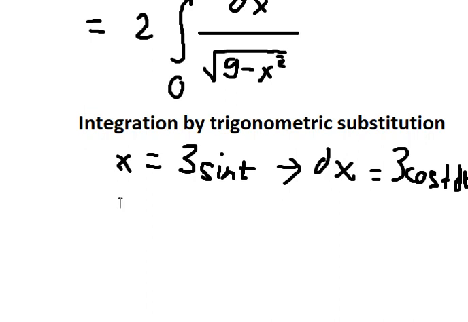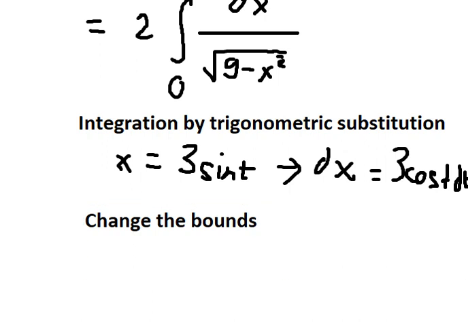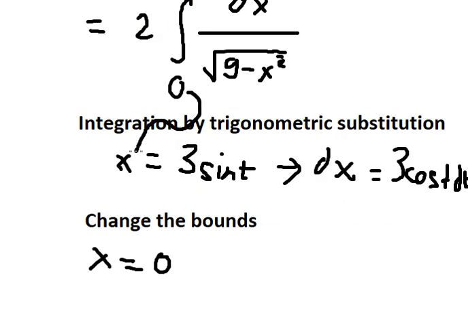Now we need to change the bounds. When s equals 0, I put 0 in here to find the value of t, so t equals 0.